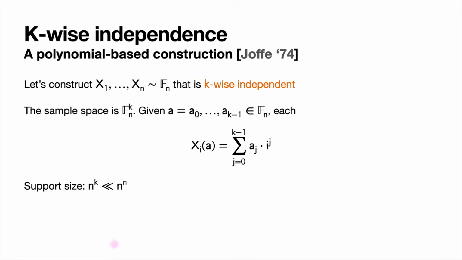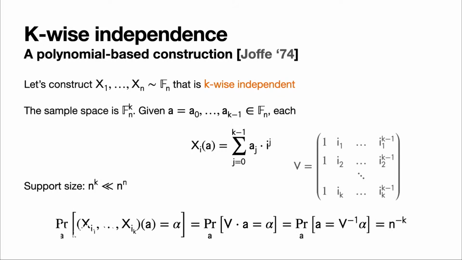This space will be sufficient to prove that it's indeed a k-wise independent distribution. What do we need to show? For any fixed tuple alpha, I want to show that the probability to see alpha is n to the minus k. Let's just do it for k equals 3, and then you'll all be convinced.